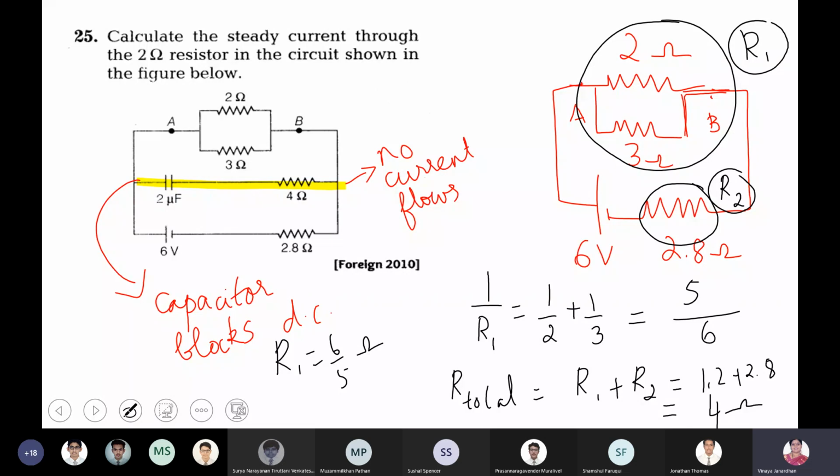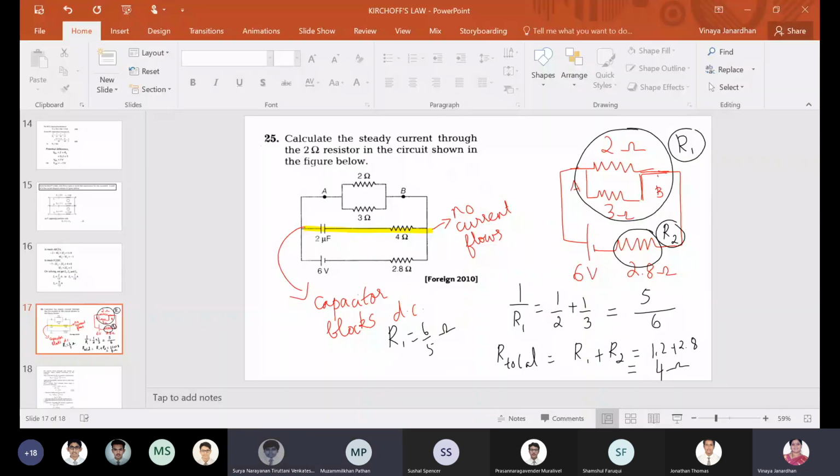So I'll stop Kirchhoff's laws till this, and we'll start with EMF, internal resistance, and the terminal potential difference of a cell. So totally a new topic. Shall I go for it, boys? Ma'am, the current is 3 by 2, right? Terminal potential difference, no, I'll come back.